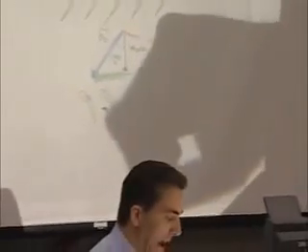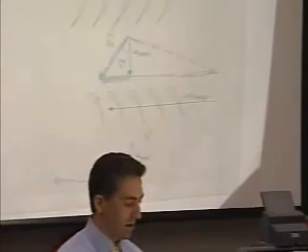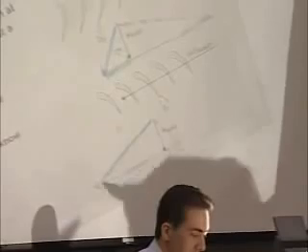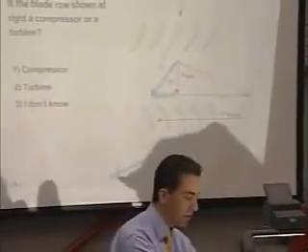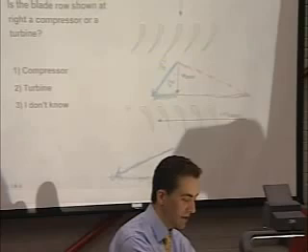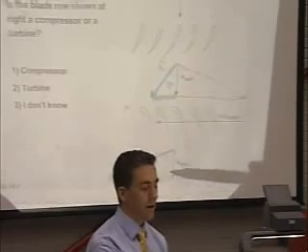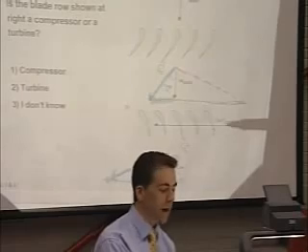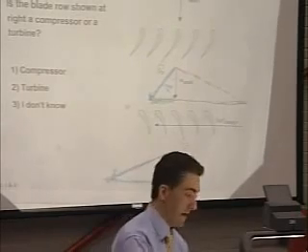I then add back in this velocity to get me back to the stationary frame. That gives me my stationary frame vector. I look for the tangential component of that, which is this part. And I say that the tangential component has increased across the blade row, where increase is measured in the direction of rotation. Therefore, it's a compressor.